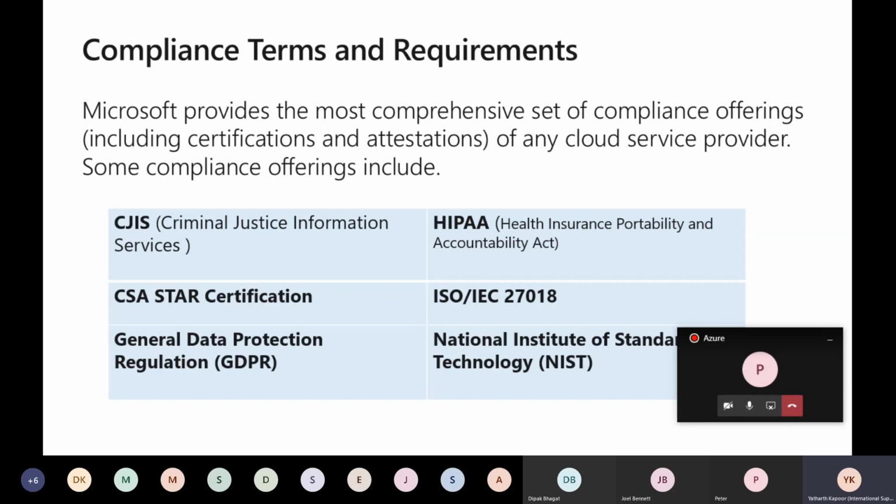So actually, when we talk about compliances, right? Microsoft has over 80 security and compliance certifications, over 80, right? That's more than double of any cloud providers in the market, right? So there are so many compliance and security attestations that we have in Microsoft Azure.